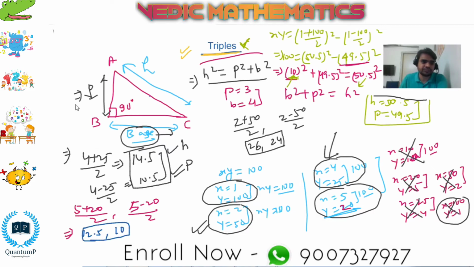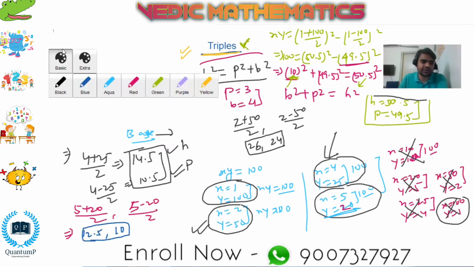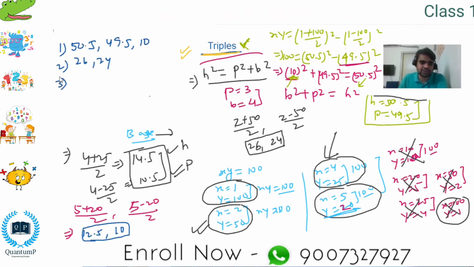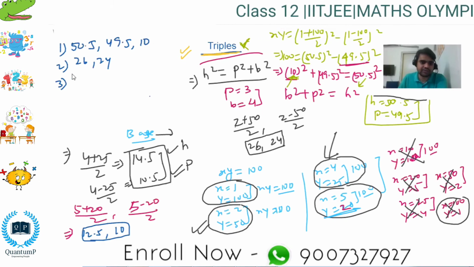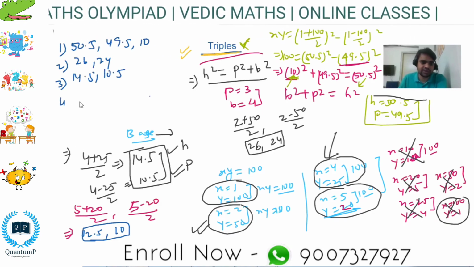Okay, so if I write the total answers, all the triplets, the first is 50.5 and 49.5, base is common, which is 10. Second answer is 26, 24. Third answer is 14.5 and 13.5, and the fourth answer is 12.5 and 10.